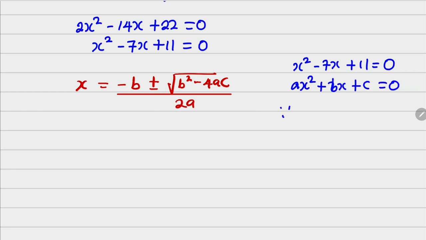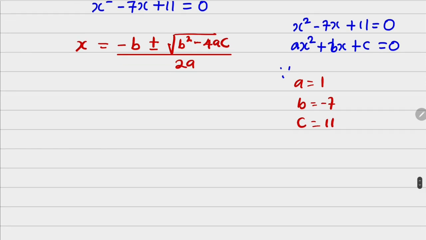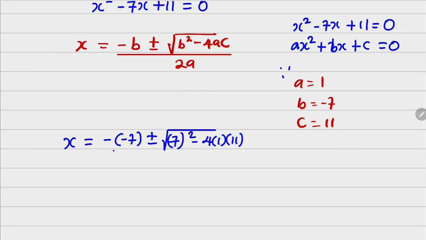So it therefore means that my a is 1, my b is minus 7, and my c is equal to 11. So taking it into the equation, I'm going to have x will now be equal to minus into minus 7, close the bracket, plus or minus the root of (minus 7) all squared, minus 4 into a, which is 1, times 11, close the bracket.